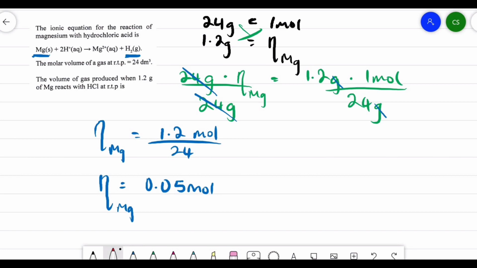So with that known, we know that 1 mole of a gas at RTP is 24 decimeter cube. So what would be the volume at 0.05 moles?